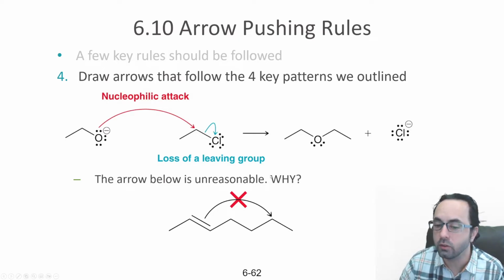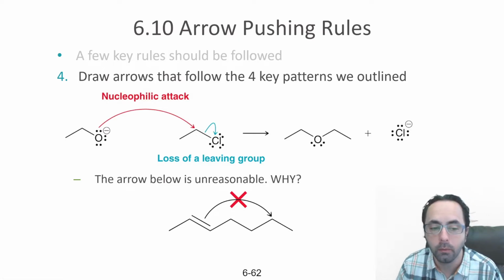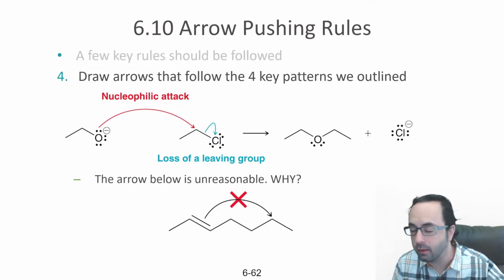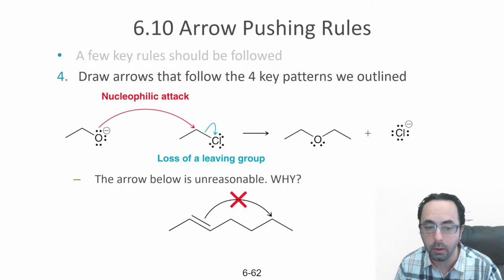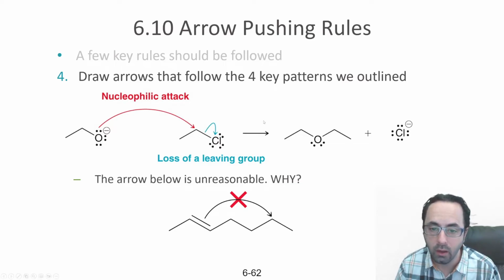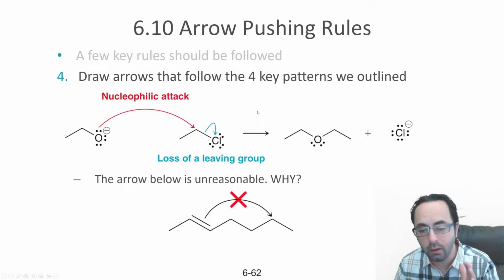Your arrows finally should follow the patterns we outlined. There were certain patterns for resonance that did not involve bond breaking or bond making, just describing the movement of electrons in unhybridized p orbitals, right? You had to follow the rules that made sure those electrons were moving around between unhybridized p orbitals and bonds weren't breaking. When it comes to the arrow pushing rules, they need to fall into these 4 patterns.